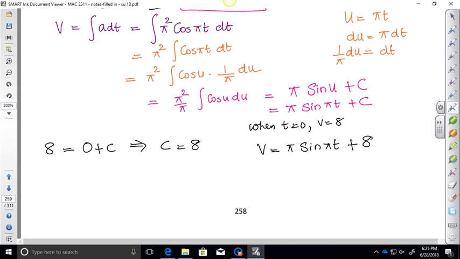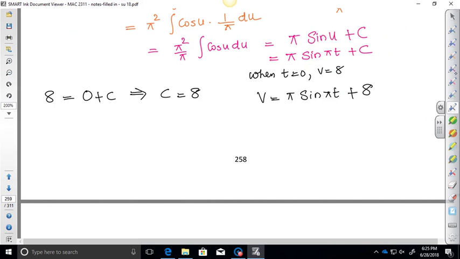Now do it again to find the position. Integrate it again. So what is the position? s equals the integral of pi sine pi t plus 8 dt. Okay, I'm going to use the formula. I'm not going to use substitution there. What's the integral of sine pi t?